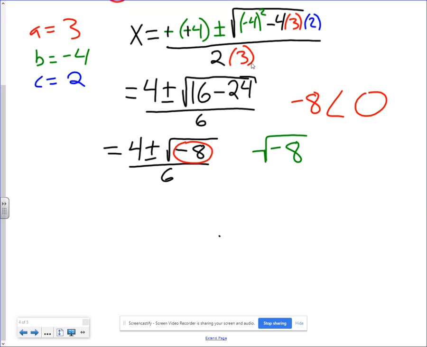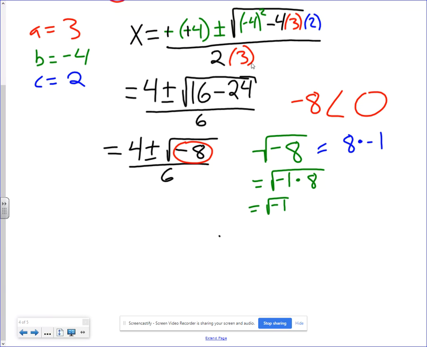So, we can rewrite negative 8 as 8 times negative 1, because that's the same thing as negative 8. So, if we do that, we can have negative 1 times 8 under the square root.